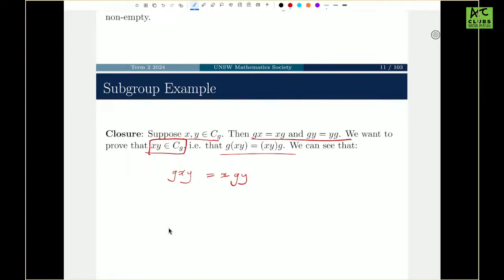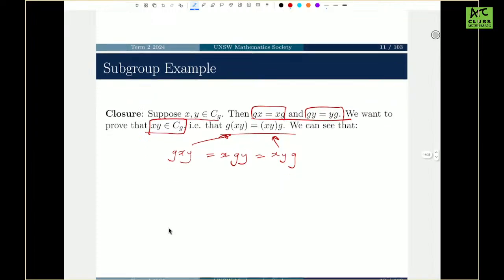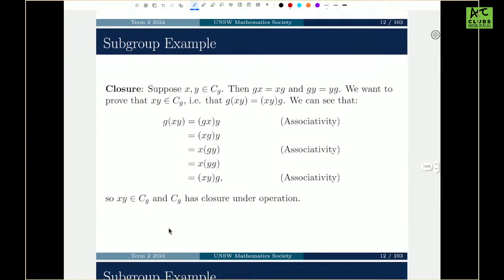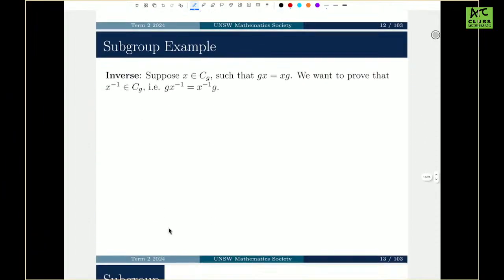So here I've applied this, and then applying the next property, which we get from y being in C(g), we'll have xyg here, and that's exactly what we need to show. Note that I kind of ignored the brackets. Again, that's just because of associativity of the group operation, but here it is a bit more explicit. So here's using the fact that x is in C(g), and here's using that y is in C(g) on this line. Okay, so I have closure.